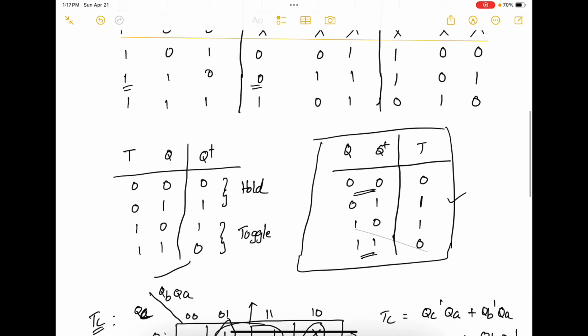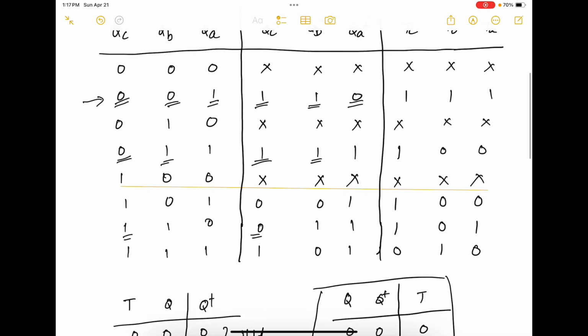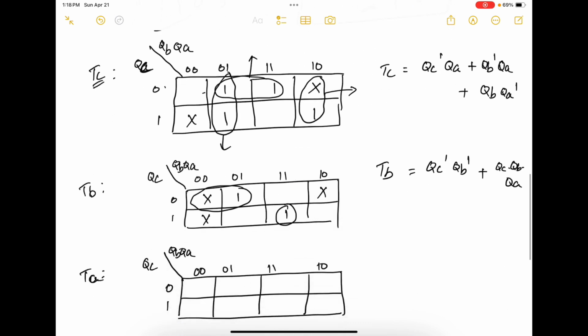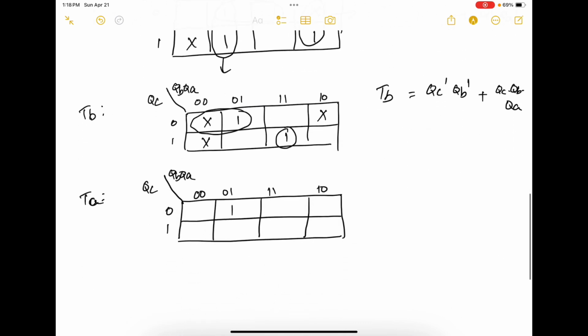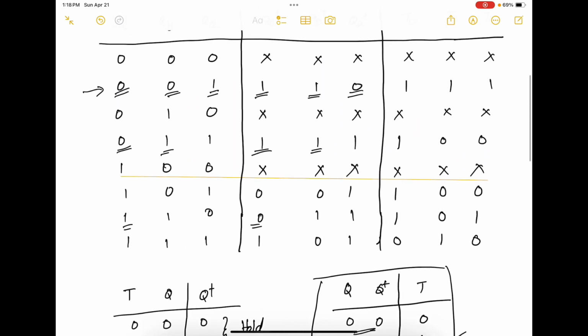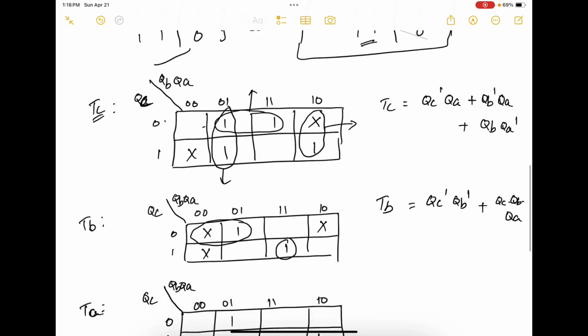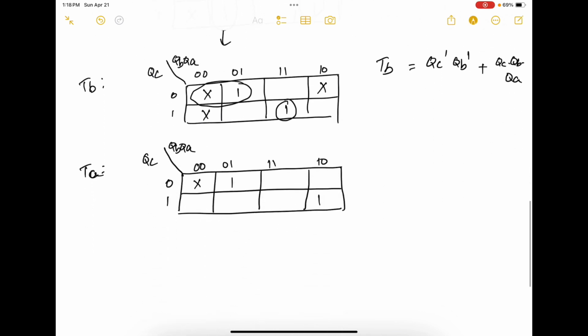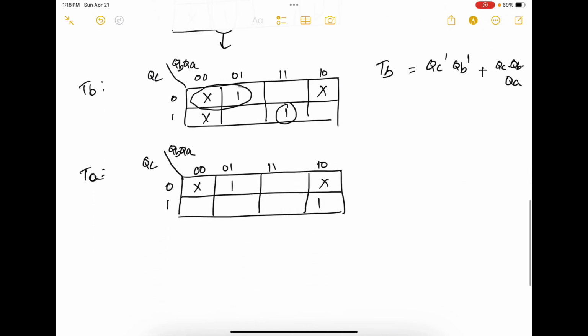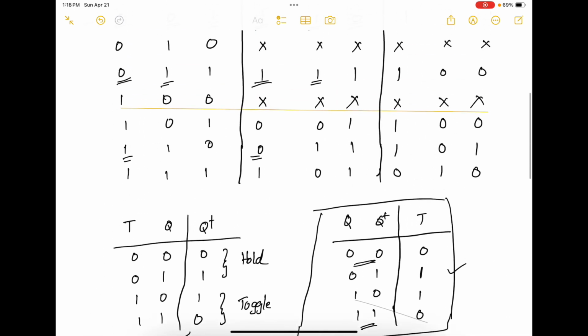So TA is asserted when you have 0, 0, 1 and 1, 1, 0. And it is don't care for 0, 0, 0, 0, 1, 0 and 1, 0, 0.